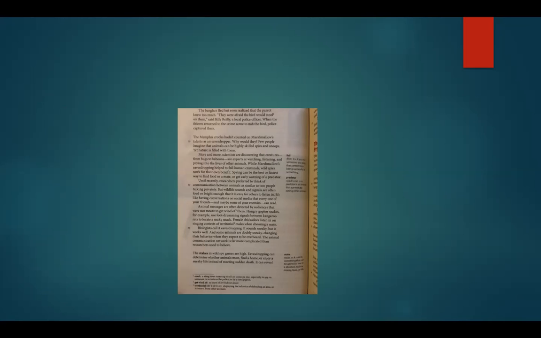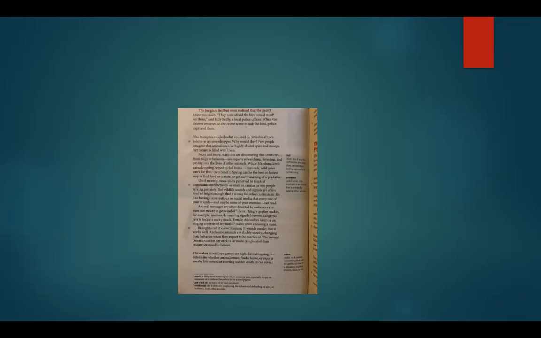Until recently, researchers preferred to think of communication between animals as similar to two people talking privately. But wildlife sounds and signals are often loud or bright enough that it is easy for others to listen in. It's like having conversations on social media that every one of your friends and maybe some of your enemies can read. Animal messages are often detected by audiences that were not meant to get wind of them.